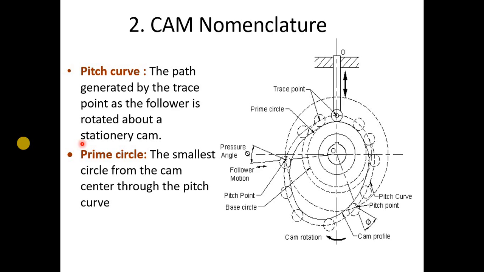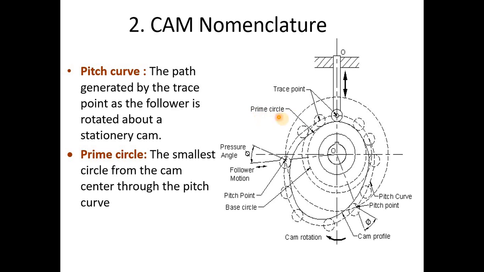What is meant by prime circle? Look at this, you can see over here the prime circle. It is the smallest circle from the cam center through the pitch curve, in conjunction with the cam.